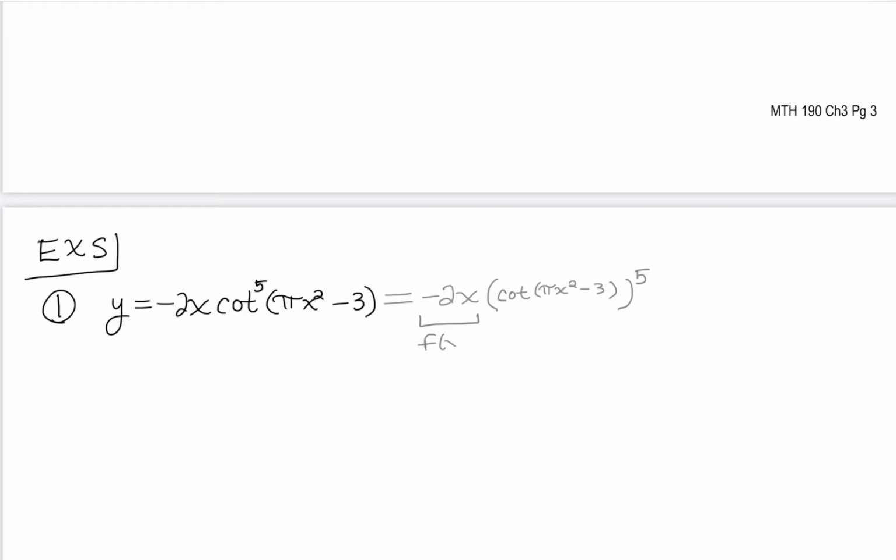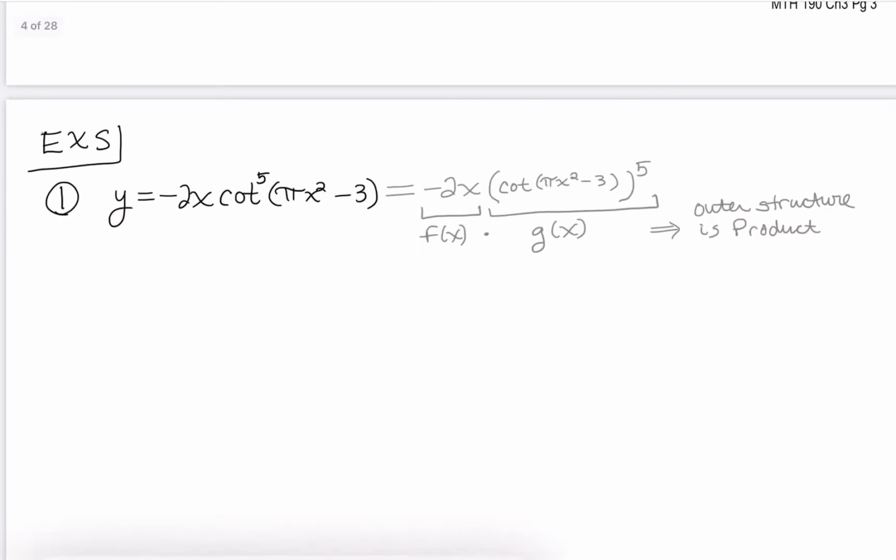So we have a function of x times this cotan to the fifth, another function of x. So this is going to imply that my outer structure, and you wouldn't have to write this out in words, but you sure do have to think about it, is a product. And of course that's going to mean outermost structure for my derivative is going to be product rule. So that's what we're going to jump in with here.